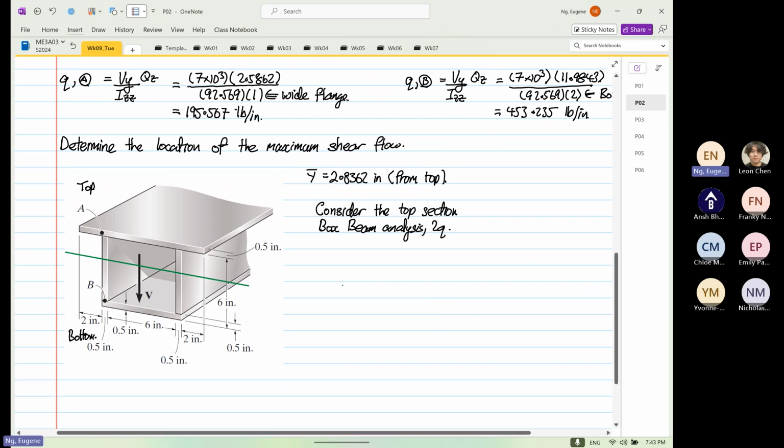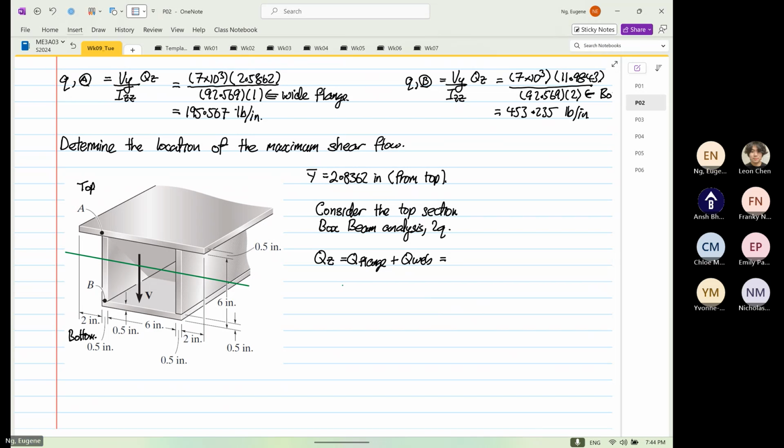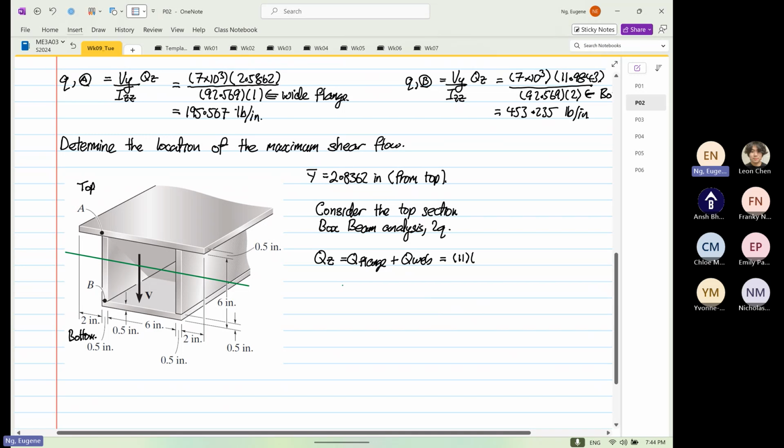So it's a box beam, so we're going to do Qz. So it's a Q of the flange plus Q of the web. Okay, so Q of the flange. So the width, so 6, 10, 11 for the flange, the width, the depth, and we have 2.8362 minus 0.5 divided by 2.